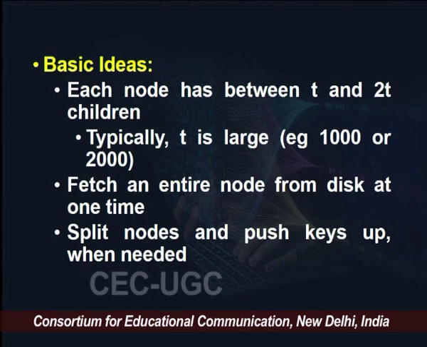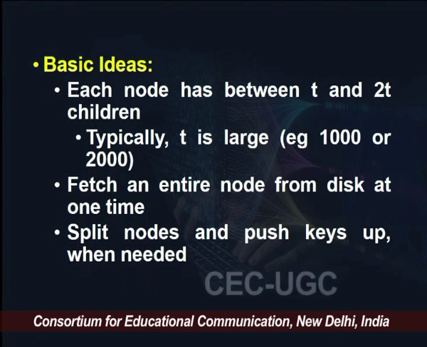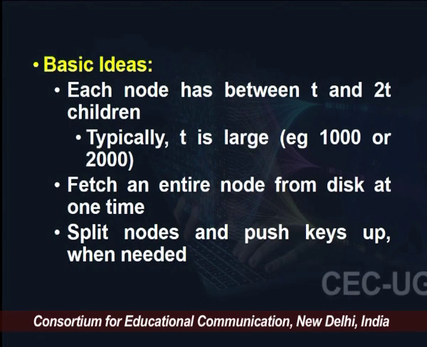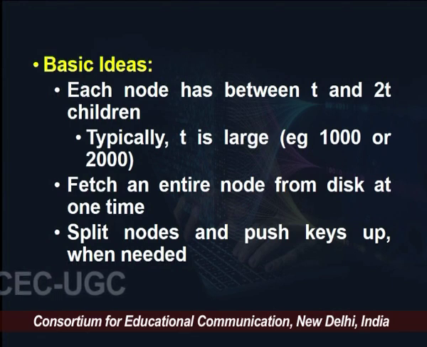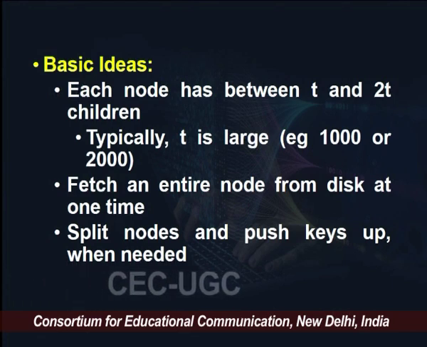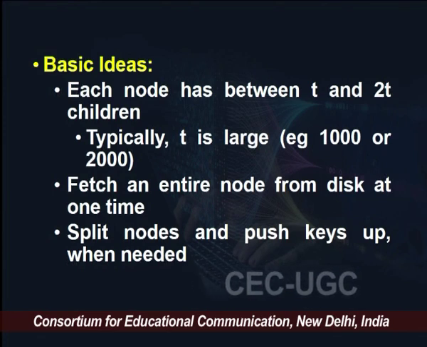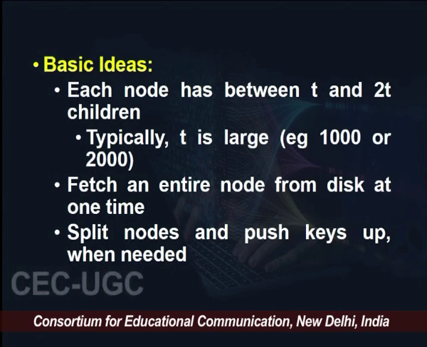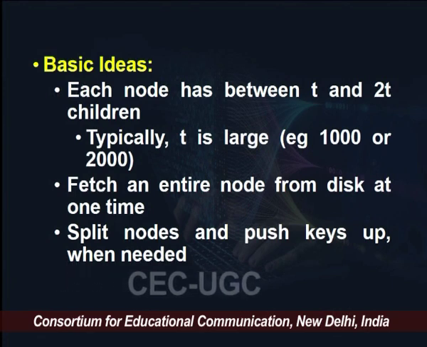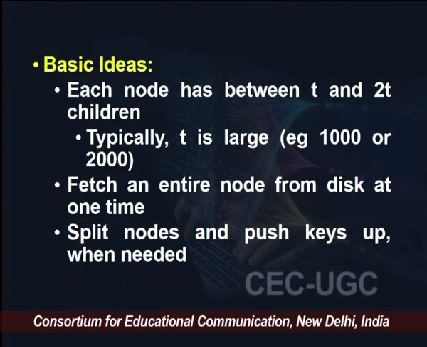So each node can have any number of children up to 2,000, and we fetch an entire node from the disk at one point of time. Fetching an entire node from disk at one time is going to give you one disk access, because the node is completely stored inside the disk.